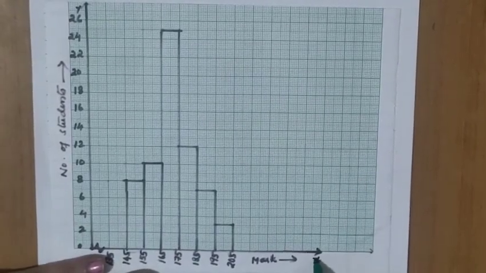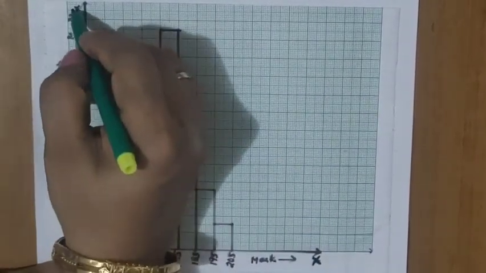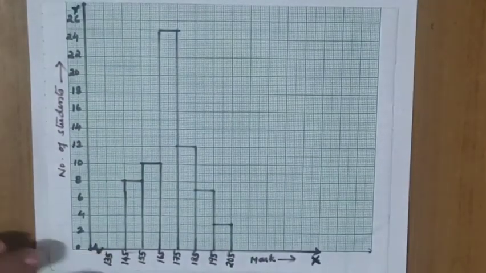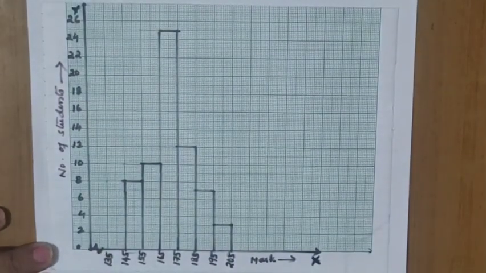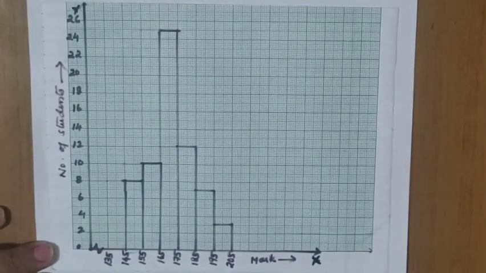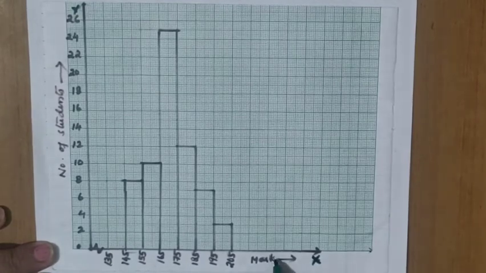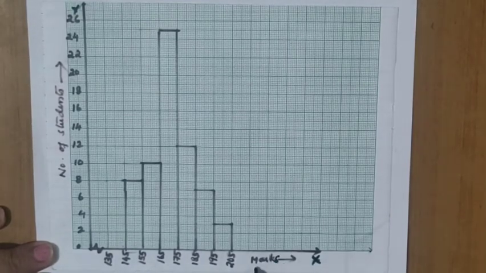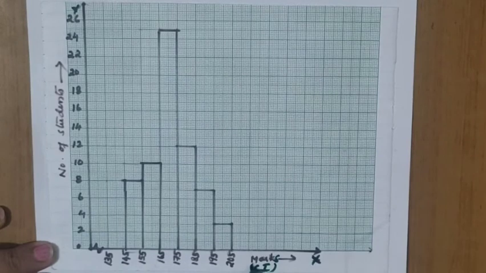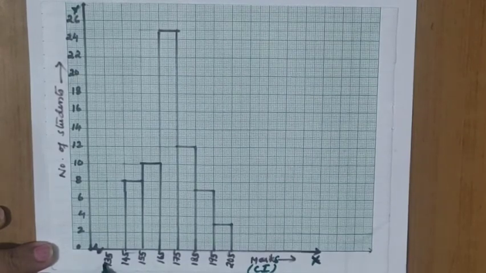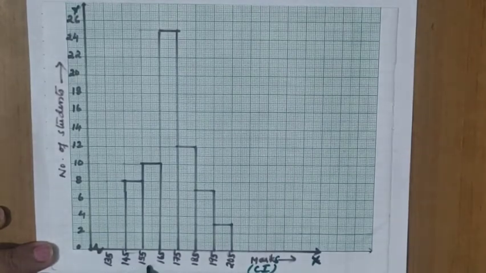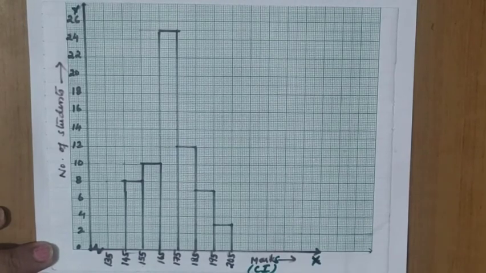First, the graph: as usual, the x and y axes are to be drawn. Next we have to take the class marks. Here we have used class intervals. First it was the class mark only. Here marks are the criteria, or we can write the class interval directly. Now we have taken 135, 145, 155, 165, 175 like that.